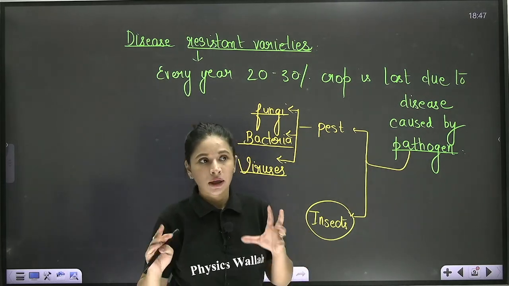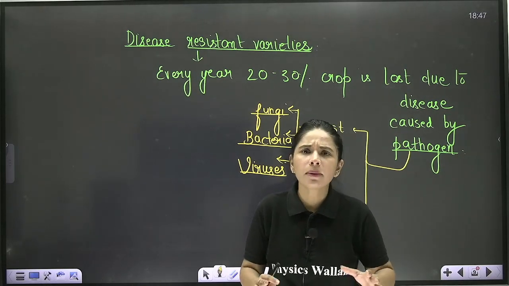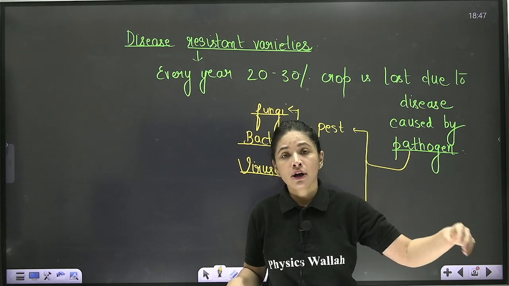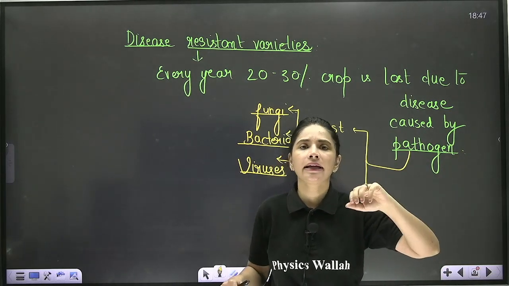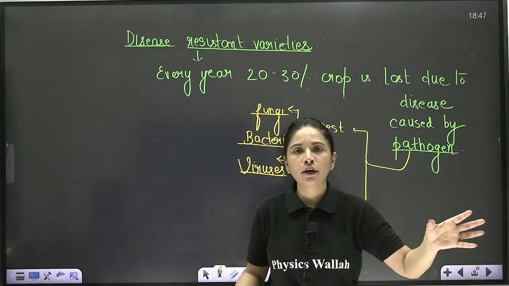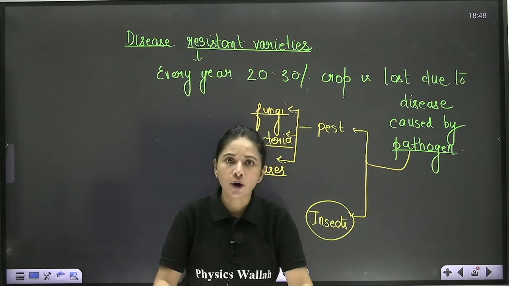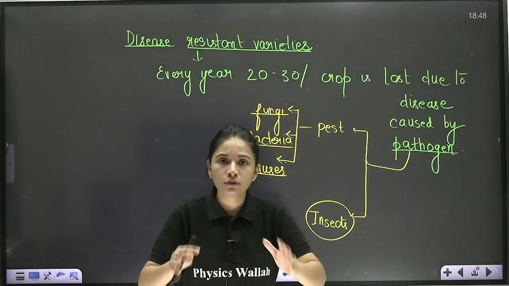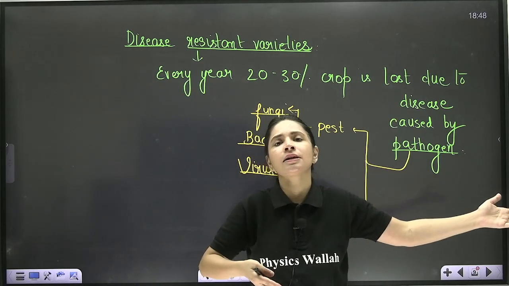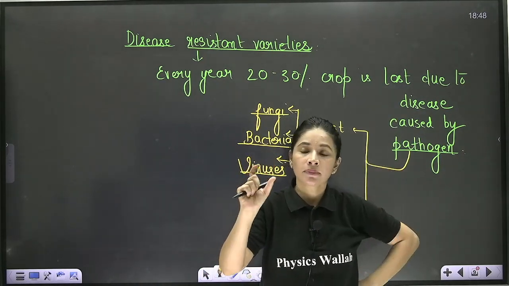Yes or no? Suppose I want to increase the production of mango, but there is no existing variety of mango showing the property of high yield. There's nothing in the germplasm. So can you perform hybridization in order to produce a high yield hybrid? No, because it is not existing in the germplasm itself. So this is the constraint of hybridization.